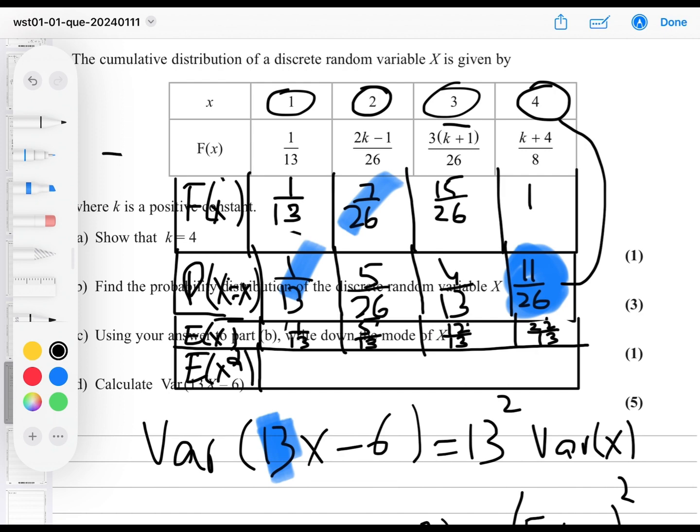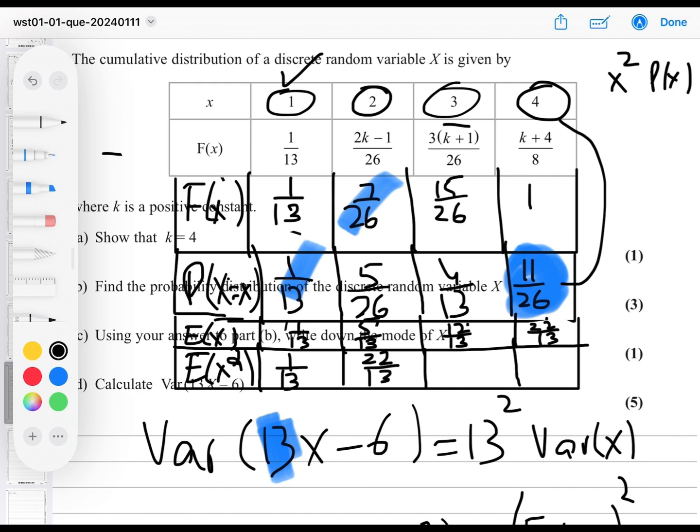What we do is multiply x square with the probability of x. Here x square will be 1 and the probability is 1 upon 13, so for the first one it's 1 upon 13. Now the next one, 2 to the power of 2 will be 4, so 4 into 5 upon 26 will result in 10 upon 13.